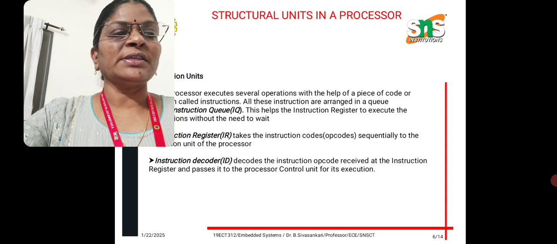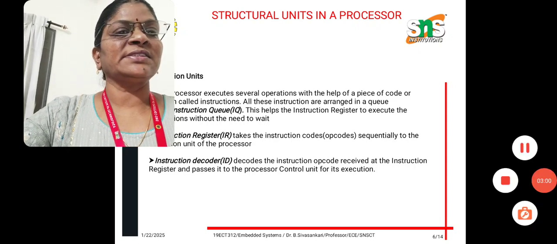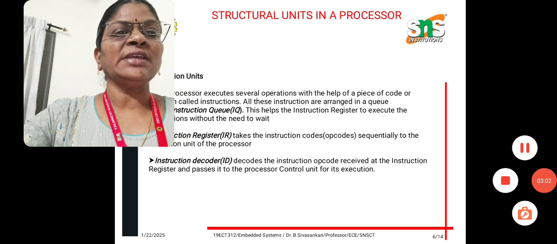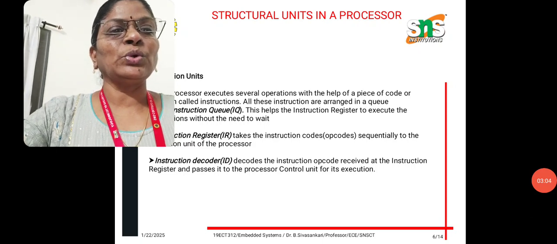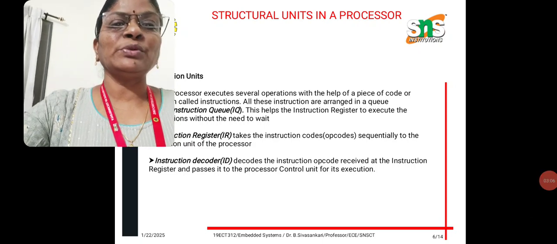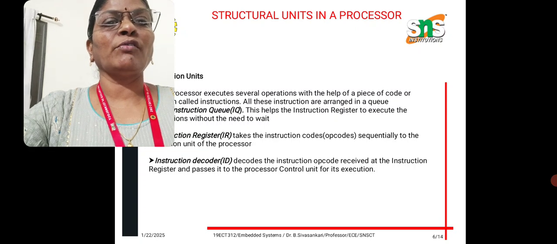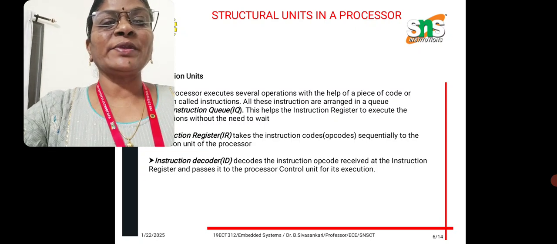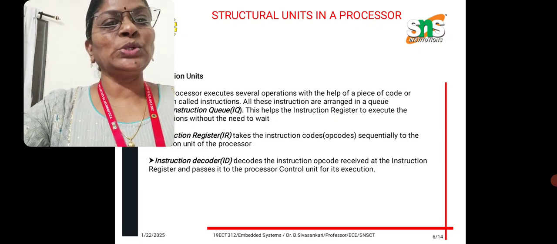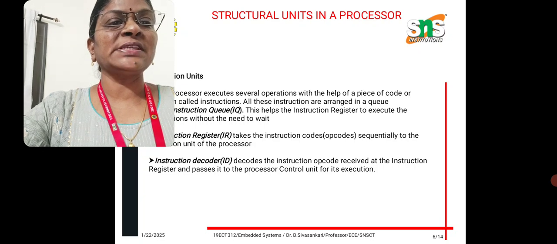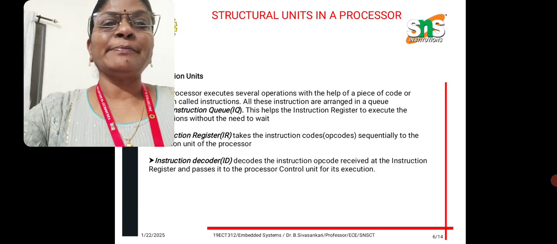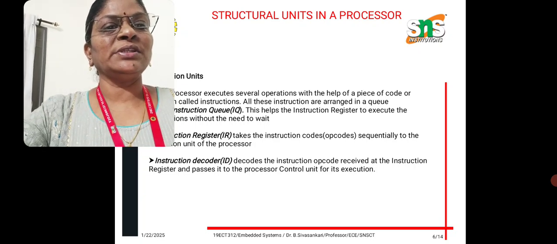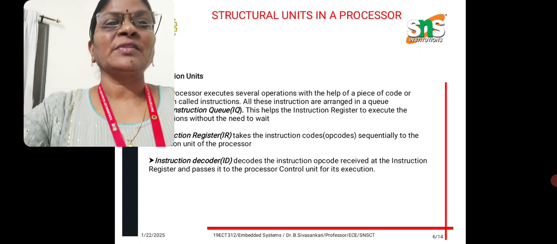IR is nothing but the instruction register. This instruction register takes the instruction codes, that is opcodes, sequentially to the instruction unit of the processor. The next one is the instruction decoder, which decodes the instruction opcode received at the instruction register and passes it to the processor control units for its execution.